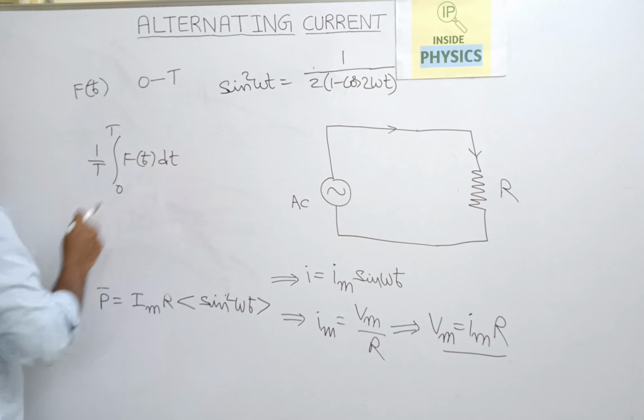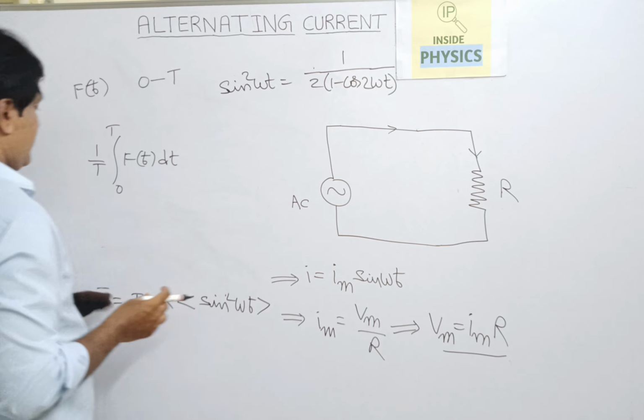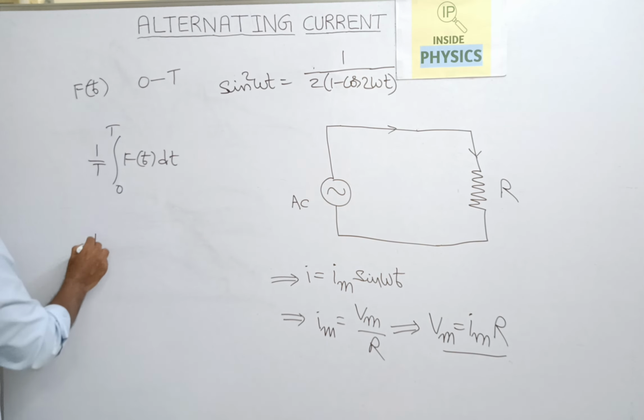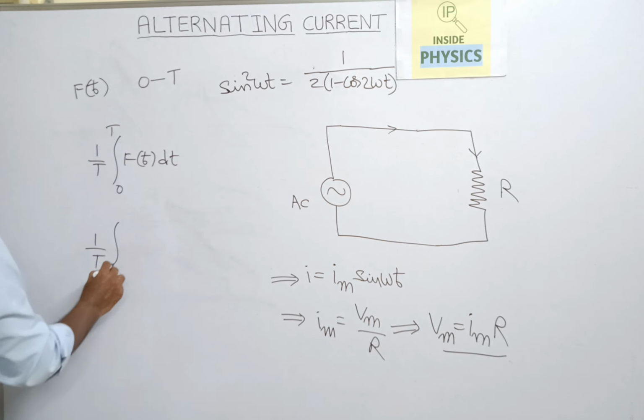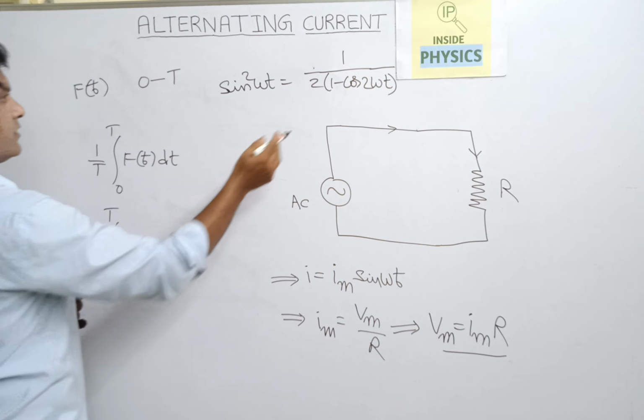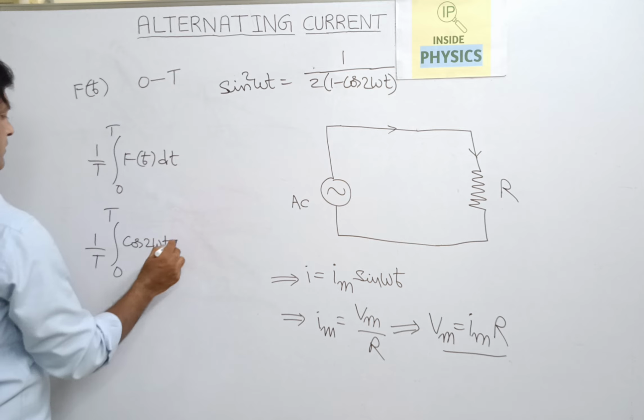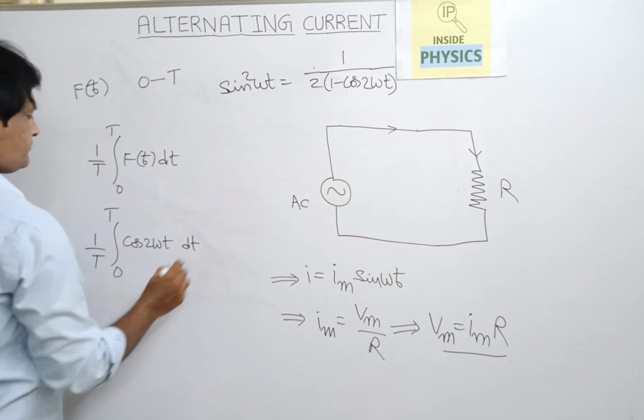In the same way, if you take this function and get the average, that means 1 by T, 0 to T, the function is cos 2 omega t dt.